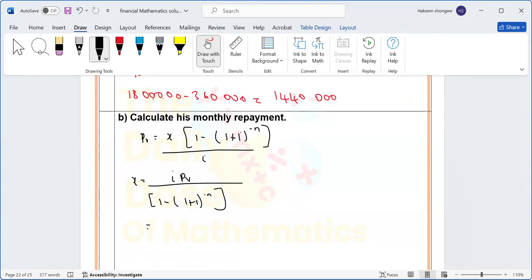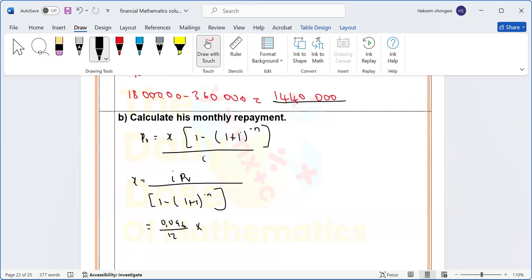Okay, so we have our i. They gave it to us as 0.096 all over 12, multiplied by the present value.